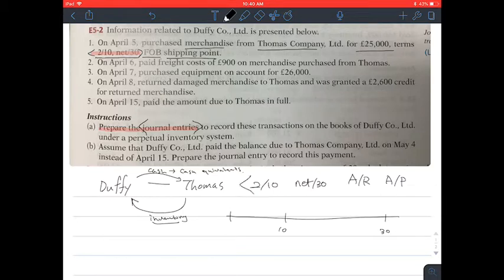This term specifies that if you pay money within 10 days, then you'll get a 2% discount. And if you pay after 10 days, there is 0% discount. That is net. Net is just the total amount. There will be no discount.